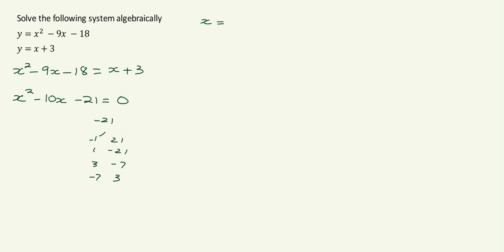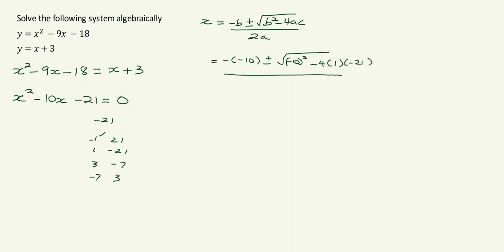So x equal to minus b plus or minus square root of b squared minus 4ac over 2a. So this is going to be minus of minus 10 plus or minus square root of minus 10 squared minus 4 times 1 times negative 21 over 2 times 1. So this is going to give us 10 plus or minus square root of 100 plus 84 over 2.